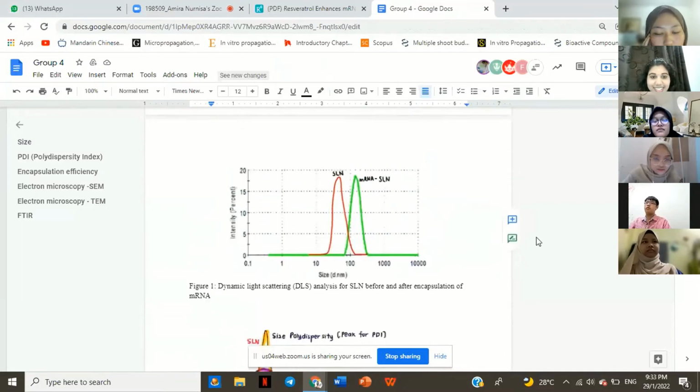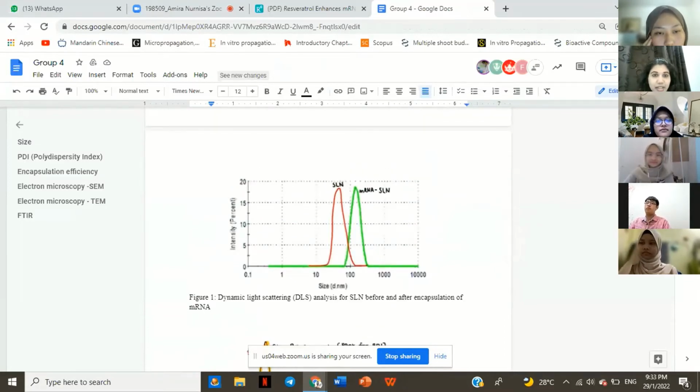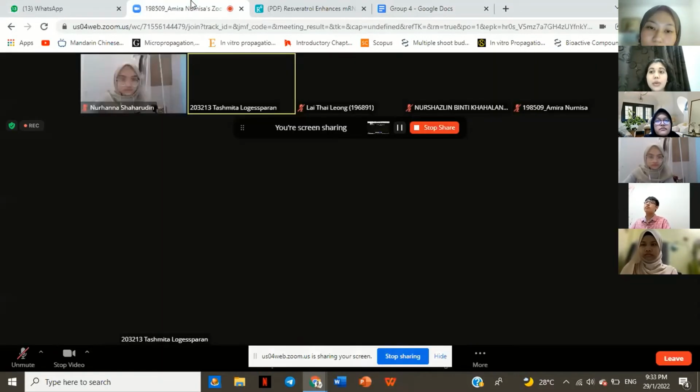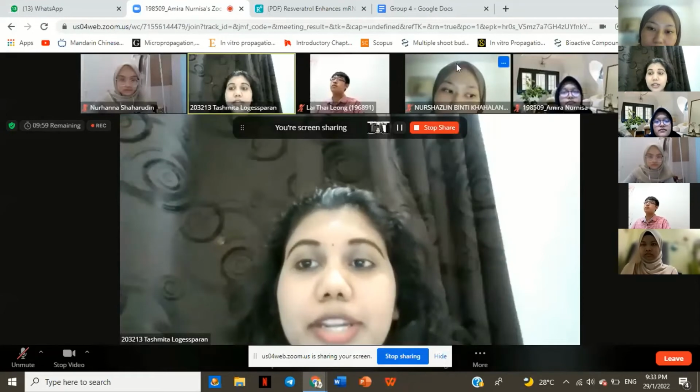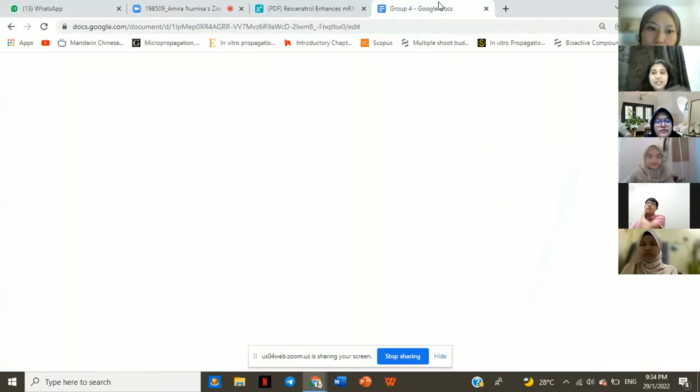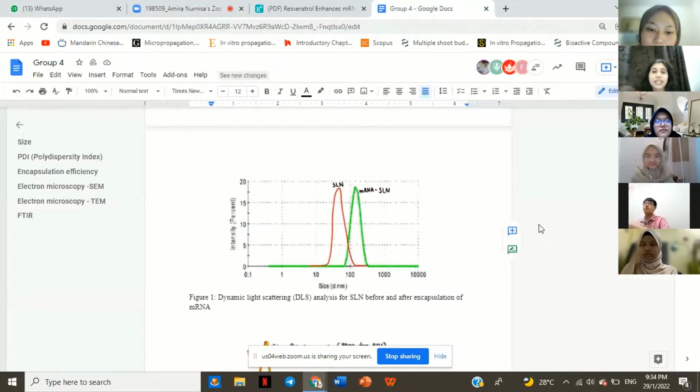Okay, so basically, this is my prediction. Based on my knowledge of the technology, I predicted that something like this will be observed. As you can see in figure 1, when we run DLS, it gives us two pieces of information, right? One is size and the other is PDI. So I just want to relate both of them, size and also PDI.